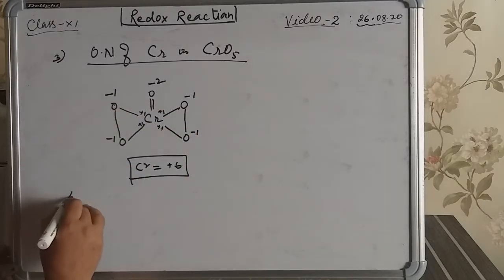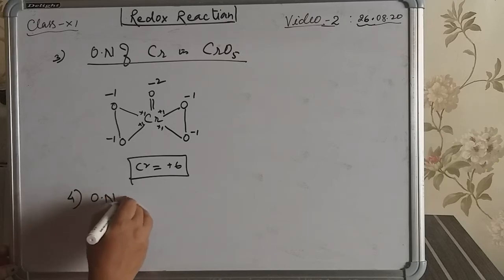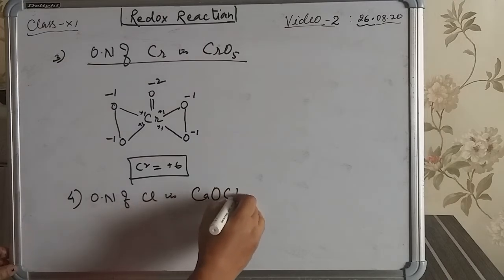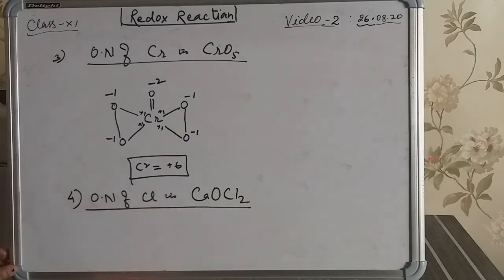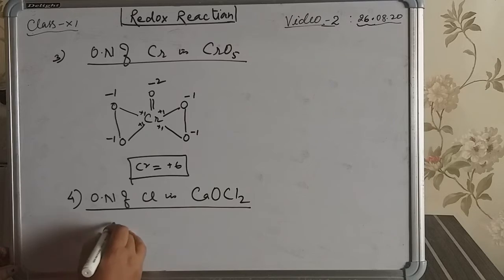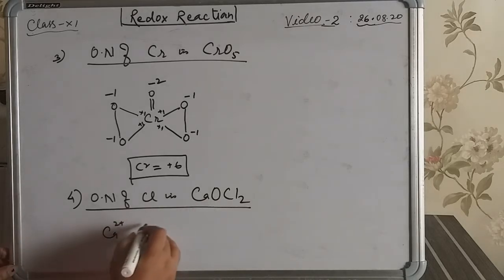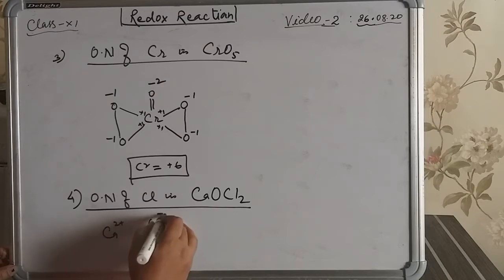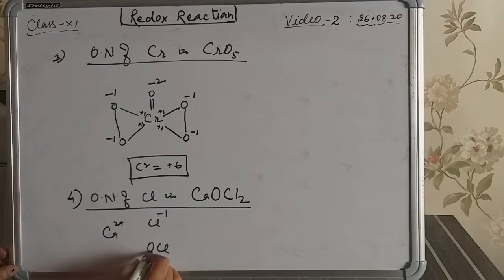Similarly, the oxidation number of chlorine in calcium oxychloride. Calcium oxychloride: calcium has +2 charge, 2 chlorine, one is like this, and OCl is -1, and oxygen is more electronegative than chlorine. So in that condition chlorine acquires +1 and oxygen acquires -2 charge.